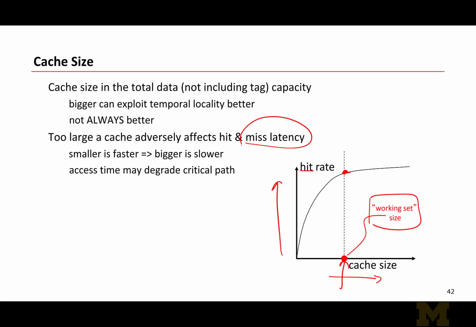We talked about this when we talked about the memory hierarchy. And so oftentimes in modern processors, you have multiple levels of caches to overcome this size versus latency trade-off, where you have this really small but very fast L1 cache, and a much larger but slower L2, and then an even larger and even slower L3 cache.